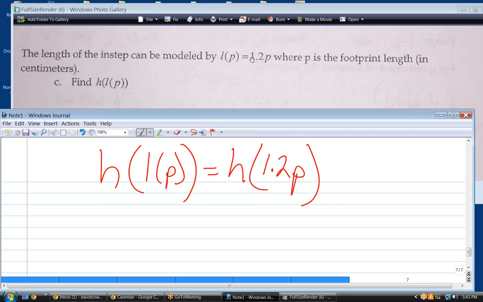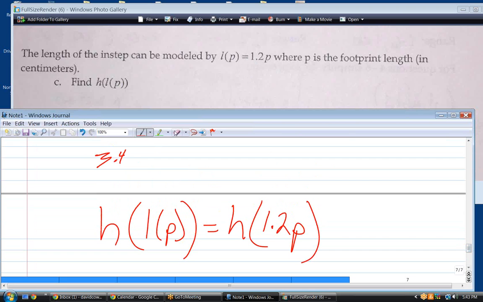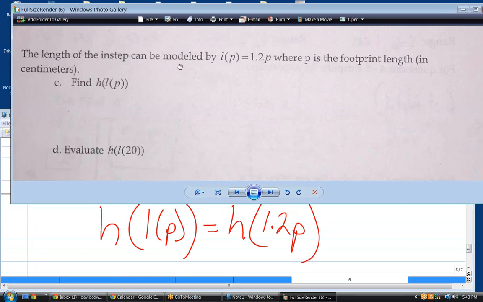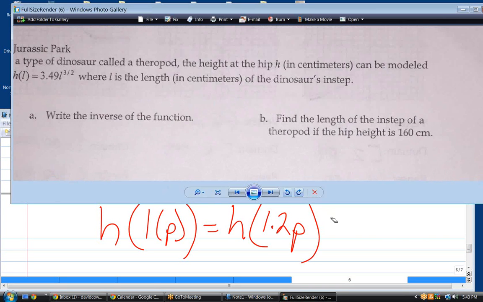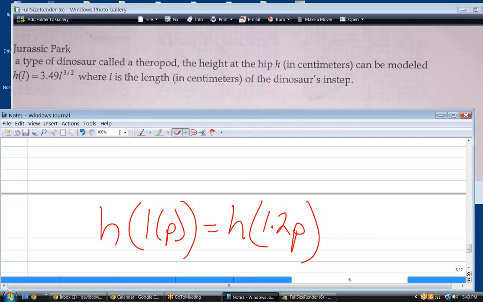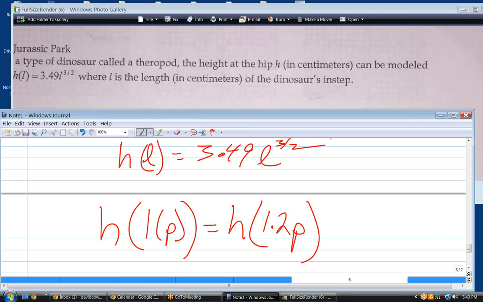Okay, I see that. So now our H equation is H of L is 3.49 L to the 3/2. So what would H of 1.2P be?